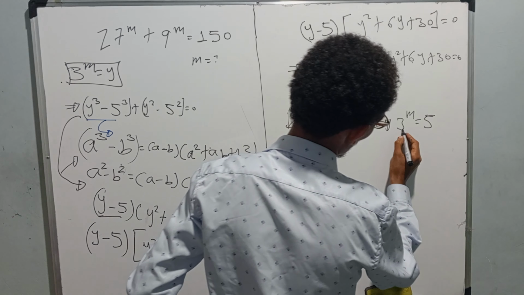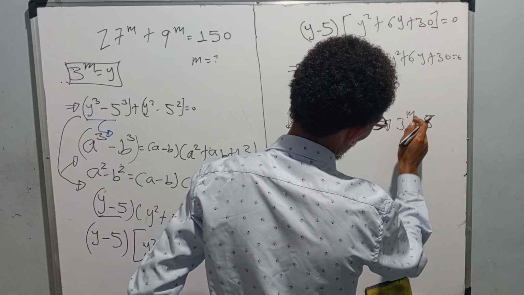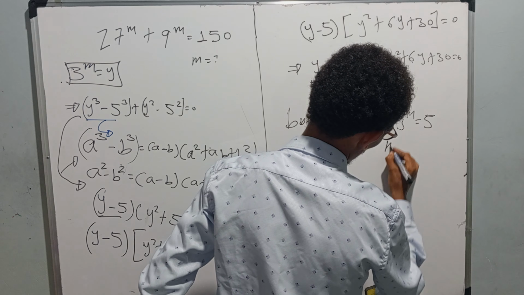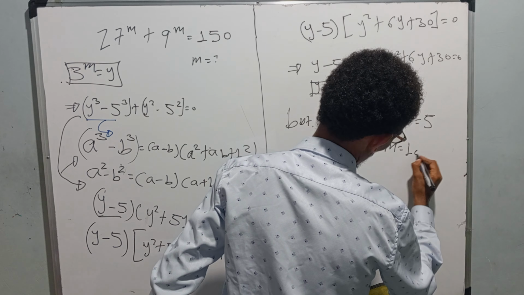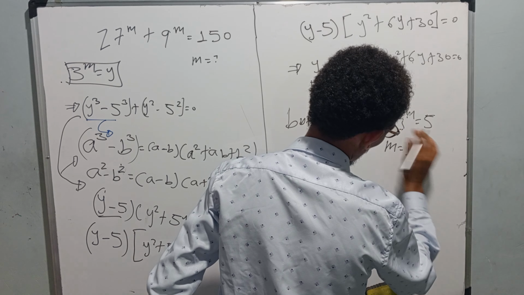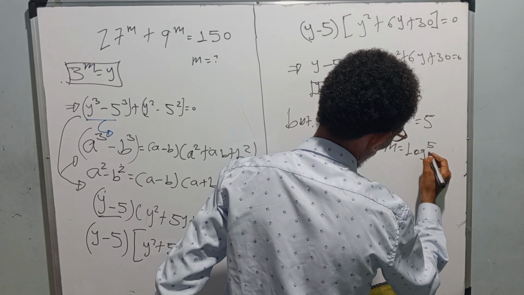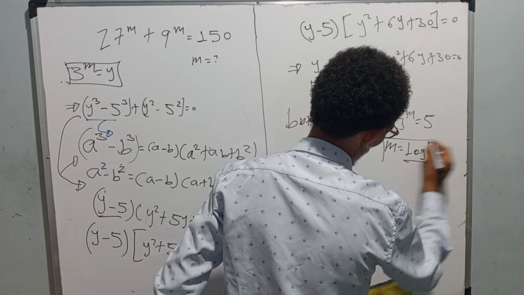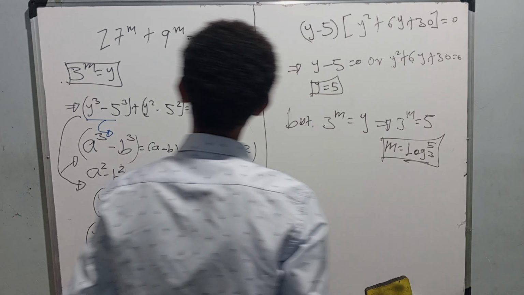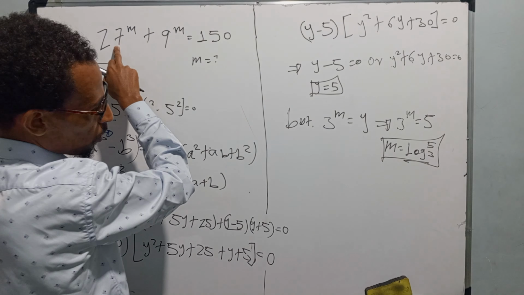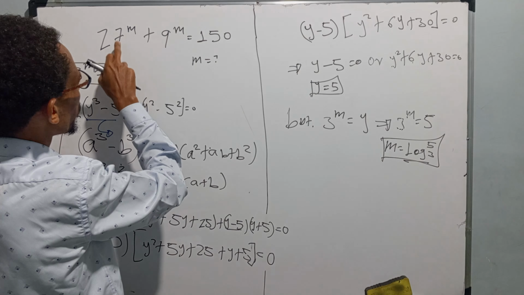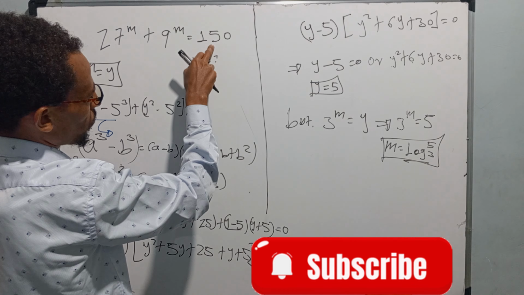We have base 3, and m becomes m equal to log of 5 to base 3. This is the solution set of m. So when we substitute log of 5 to base 3 here, we can directly get 5.